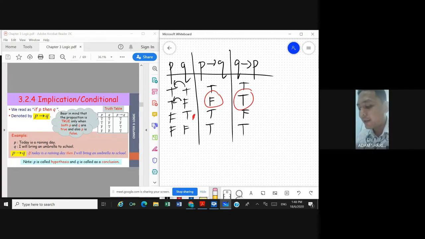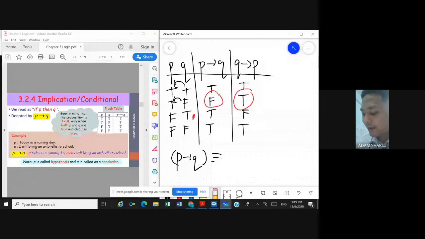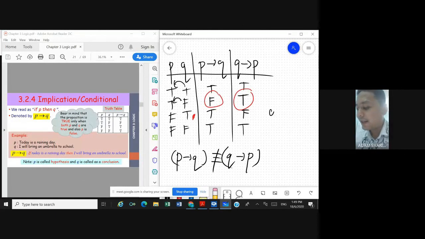The P implies Q is T, F, T, T. The Q implies P is T, T, F, T. And this is obvious, huh? P implies Q is not the same as Q implies P. Implication is very direction sensitive. Yeah, I use this term.